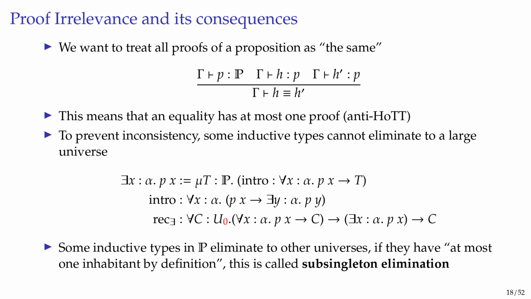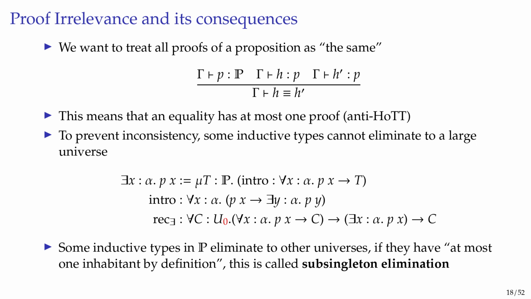The intuitive reason is that they have one inhabitant by definition. There's only one way to construct the element. There's only one constructor, and it's not taking any arguments that you could use to manipulate. In this case, it has only one constructor, but it's taking a value of type alpha, so it really has multiple, clearly different inhabitants if you didn't do some kind of quotienting operation, which is what you think of this as doing.